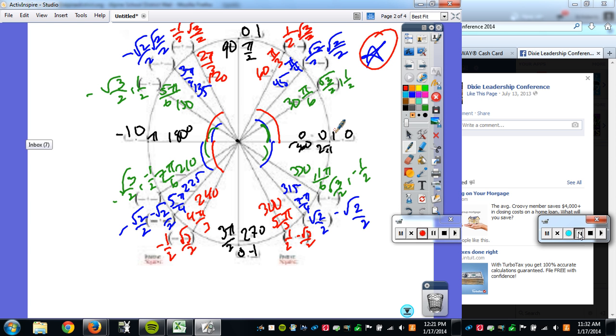Square root of 1, square root of 0, 0 divided by 2 is 0. Right? And it's done. So it's not this massive thing, right?